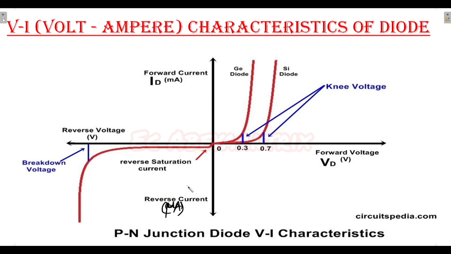The reverse saturation current will be very, very small, and once the voltage exceeds its breakdown voltage, the current increases rapidly and it causes breakdown also. So we shouldn't further increase the voltage. If we increase that voltage, it may cause damage to the PN junction diode itself. We shouldn't increase this voltage beyond the reverse or breakdown voltage. It causes permanent damage to the PN junction diode.